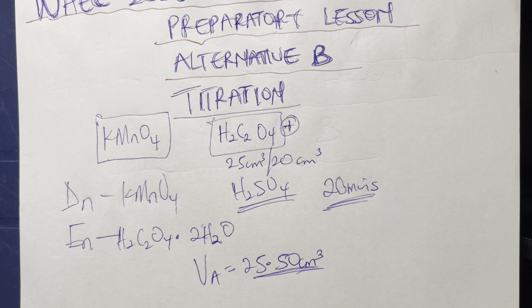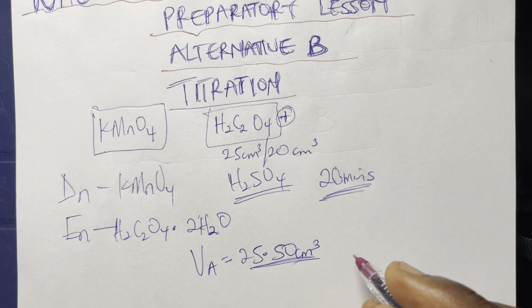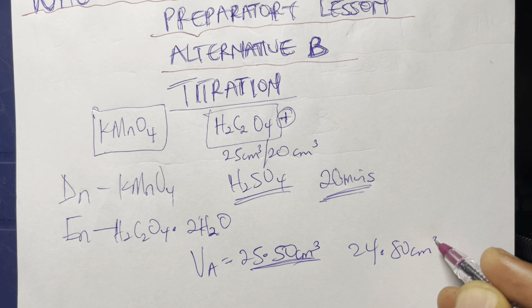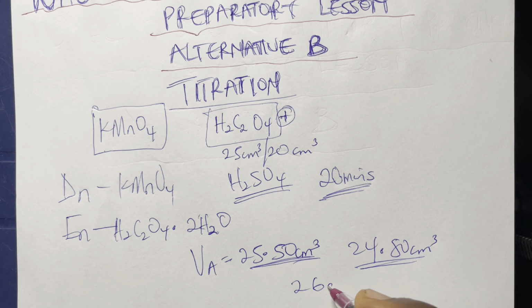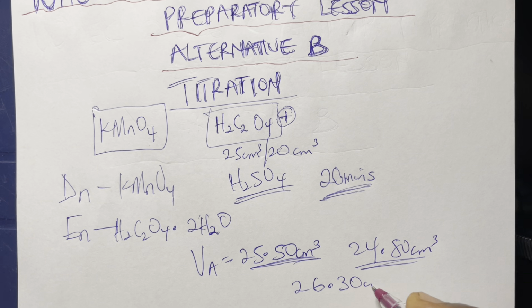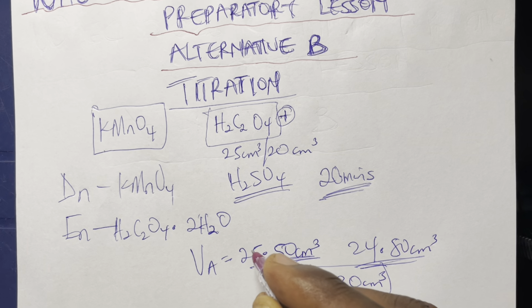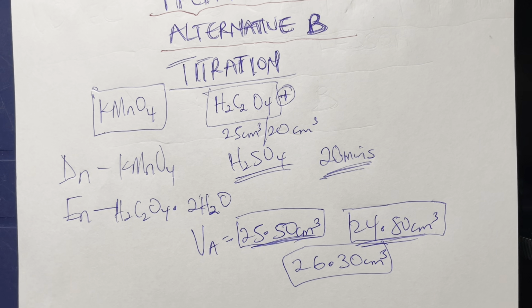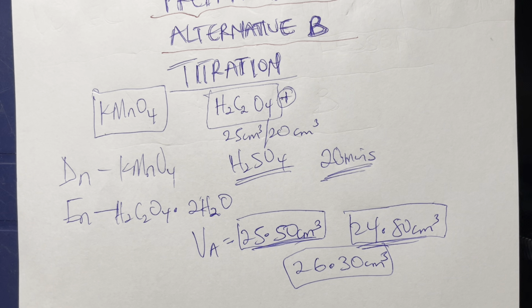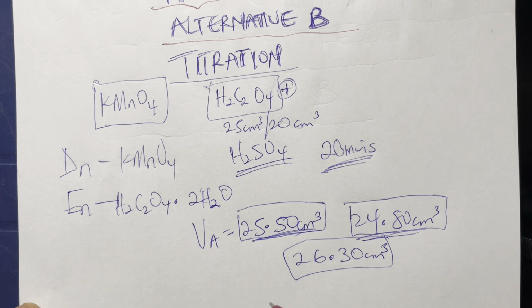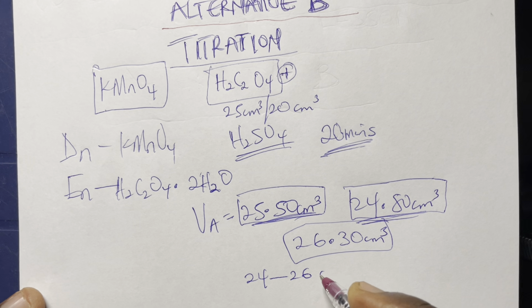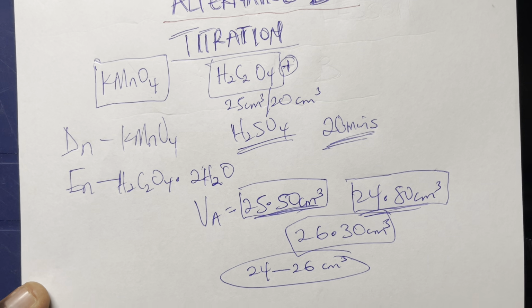Although the majority of teachers should be getting around 24.80 cm cube or 26.30 cm cube. So the titre value should be within this range. Any teacher getting below or above these values is actually wrong. In a nutshell, the value should range from 24 to 26 cm cube. So that's the average titre value.